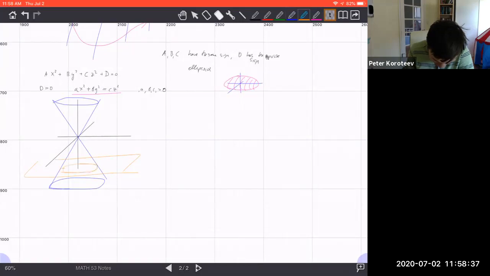In the cone example that we had last week, it was a circle, but it's okay. We simply stretched it along the x and y directions. That's fine.